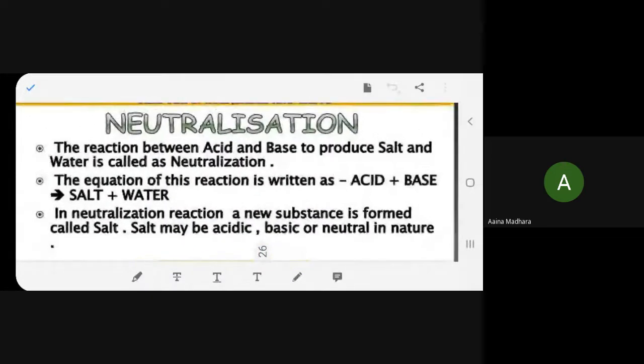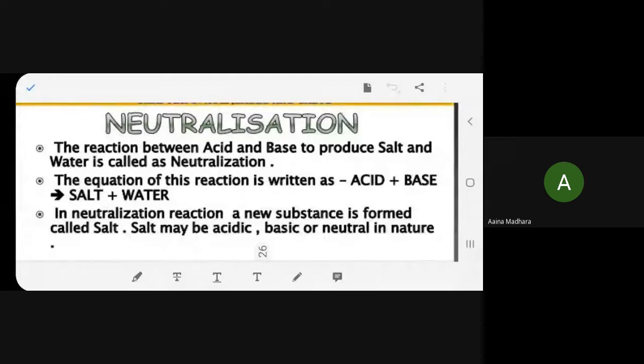Read it, and let me know what extra you got from this slide. Neutralization. The reaction between acid and base to produce salt and water is called neutralization.